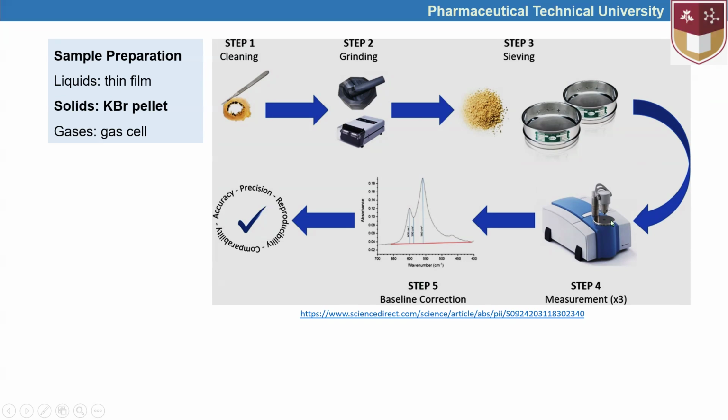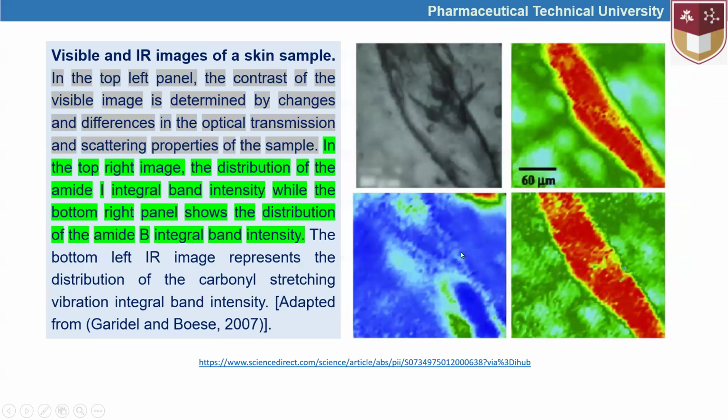So this is about how an IR spectrum is obtained, and here we can see that not only the spectrum is useful to us, but also by using IR, we can obtain different images as indicated here. This is the IR image representing the distribution of the carbonyl stretching vibration integral intensity.